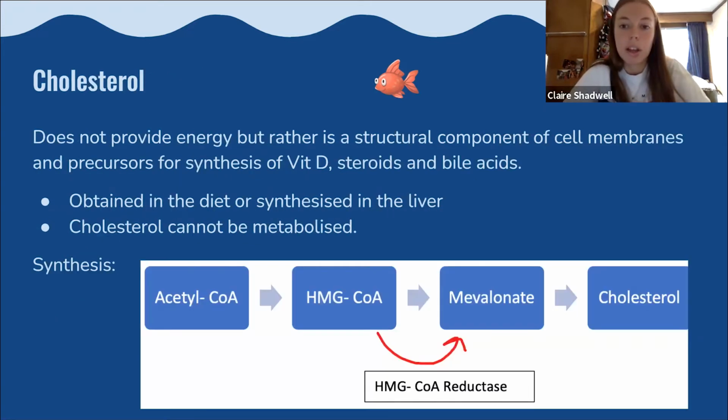So yeah, now looking specifically at cholesterol, it does not provide energy, but rather it's just a structural component of cell membranes and a precursor to synthesis of vitamin D, steroids, and bile acids. It is obtained in the diet or synthesized in the liver, but it cannot be metabolized. So with this cholesterol synthesis, as you can see, it starts with acetyl-CoA.